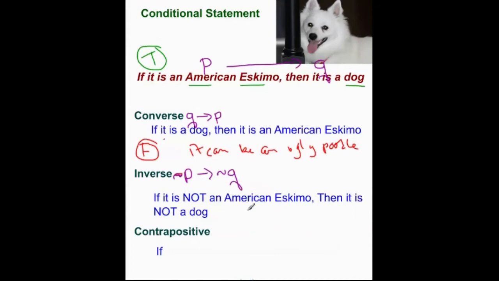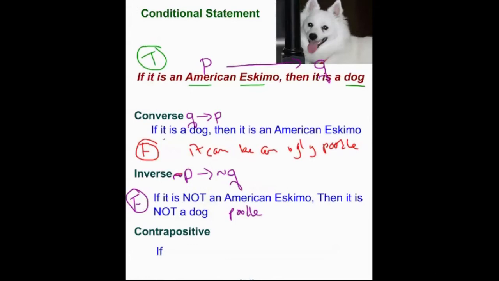That poodle across the street is not an American Eskimo, but it definitely is a dog. And there's a Dachshund thing, and there's this big, tall monster dog down the street. There's all kinds of dogs around here that are not American Eskimos. So this truth value is false. And we have that poodle again. So counterexample, poodle.